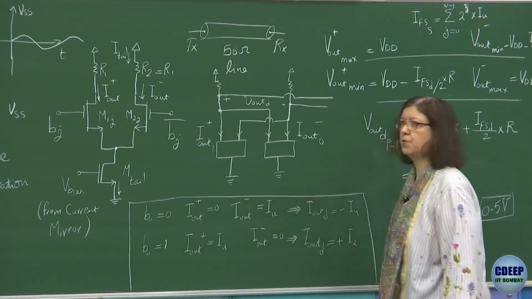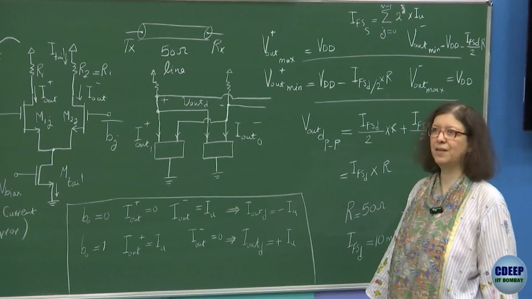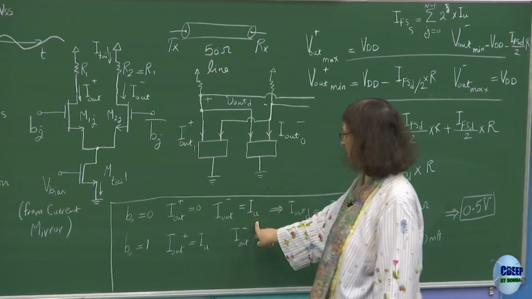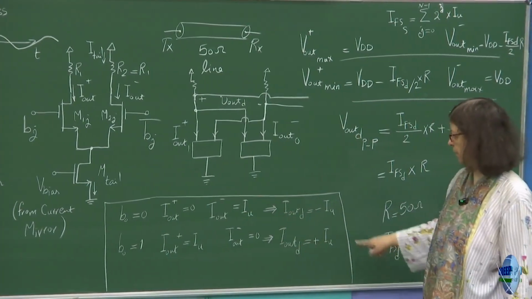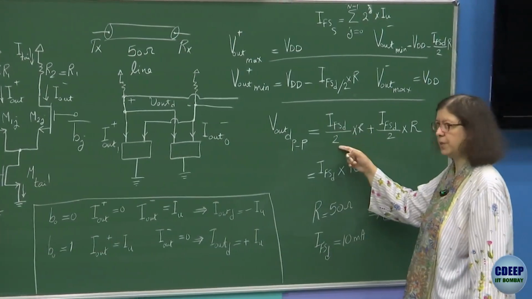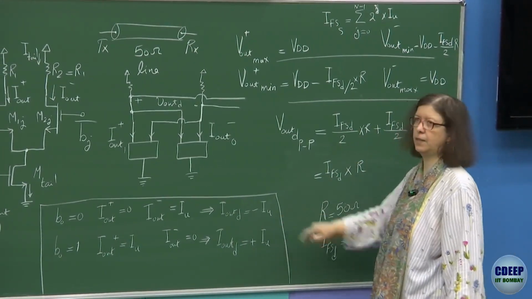So difference is 2 IU. That's why full scale doubles. So single-ended full scale, say for 1 bit is IU, for 2 bits is 2 IU. That's why I wrote it V full scale D upon 2, which is actually single-ended.